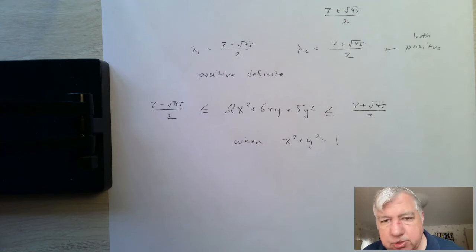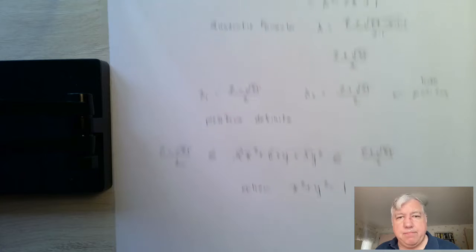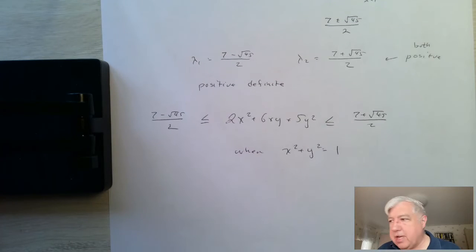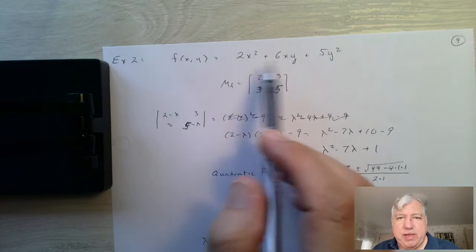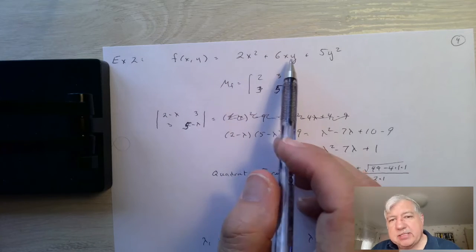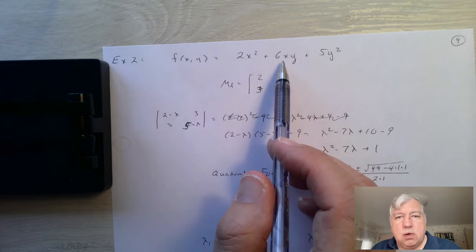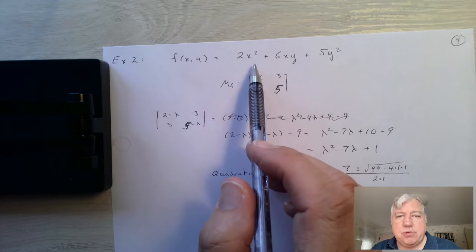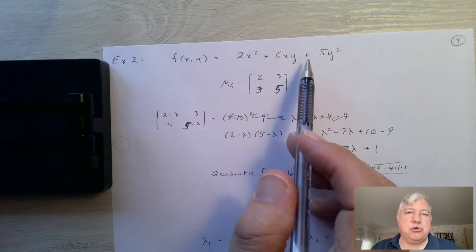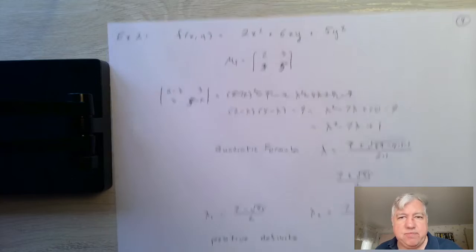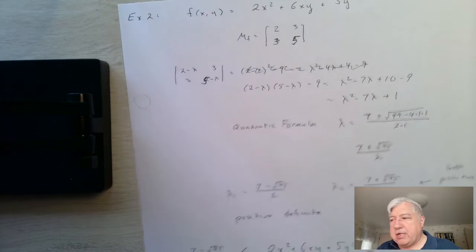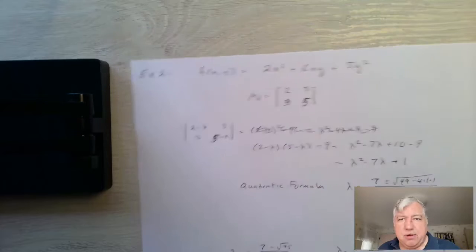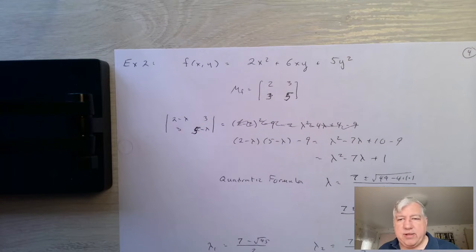All right, so that's how this goes. Now, I should say a couple things. There's nothing special about x and y. You can replace x and y with x and z, or y and z, or you can use x1 and x2. It doesn't matter what variables you use. Also, we can actually generalize this to other quadratic forms.